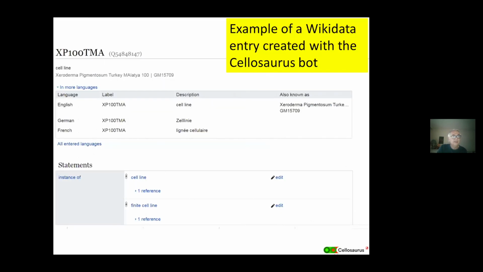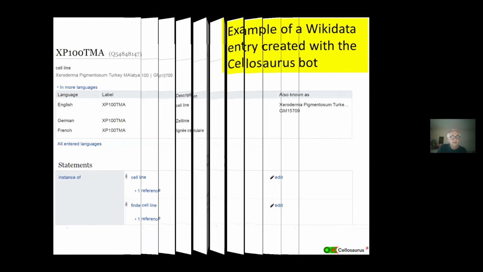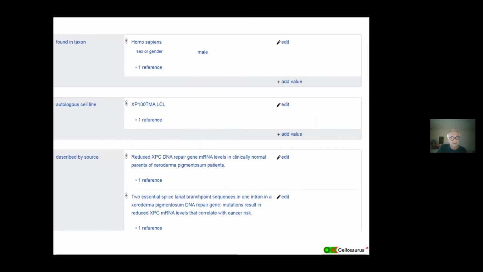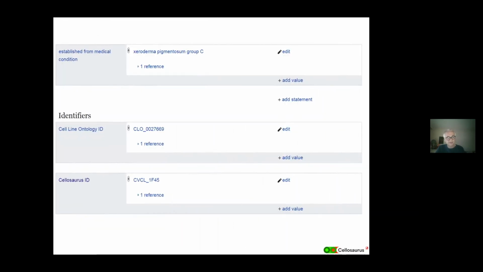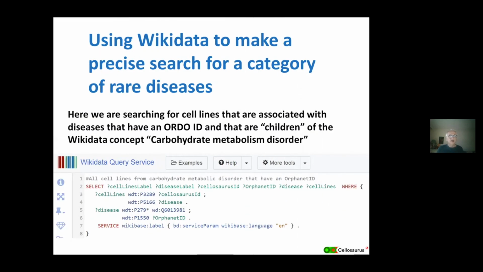Now, here is a Wikidata entry created with the Cellosaurus bot. Why do I speak about that? It's interesting for developers and people interested in Wikidata, but you can also use it, thanks to the Wikidata query service, to do very precise searches if the data in question is inside Wikidata. For example, you can do a type of search which you cannot currently do with the full text search.